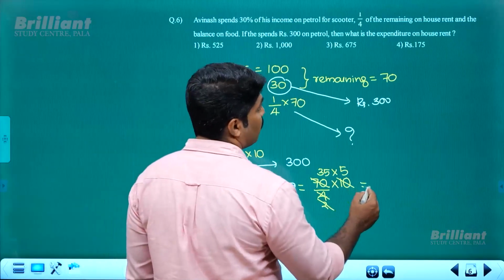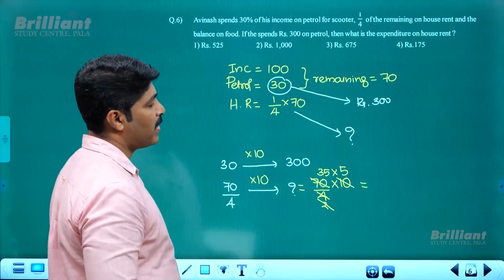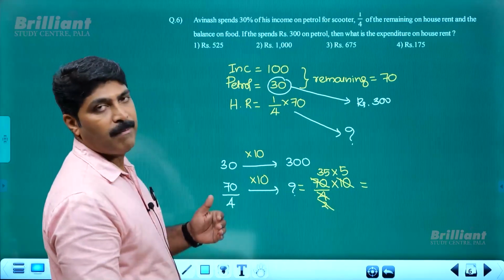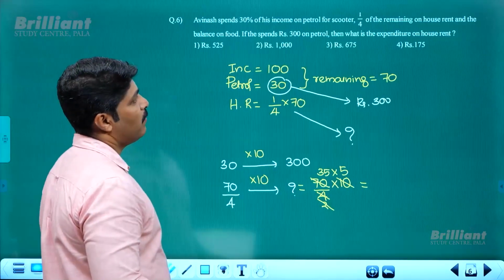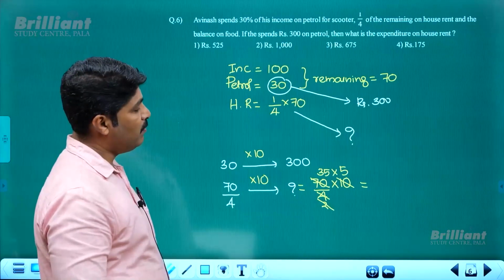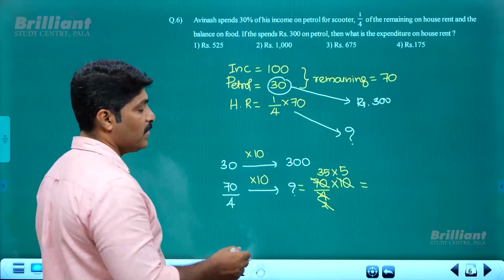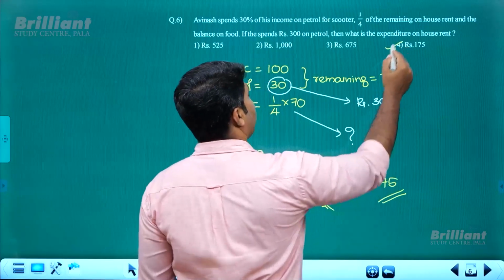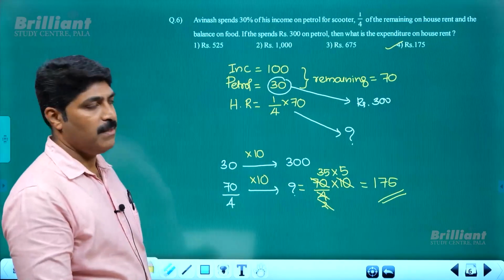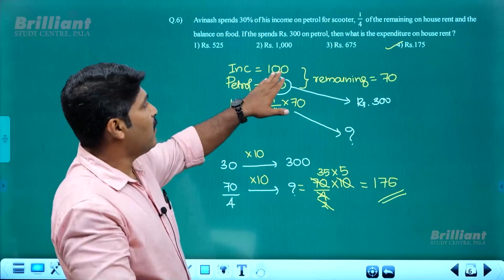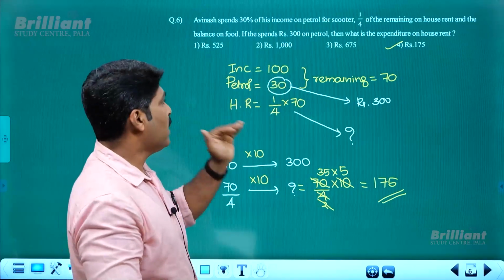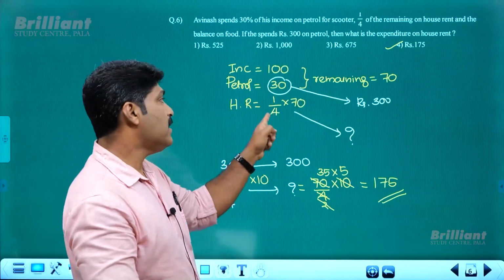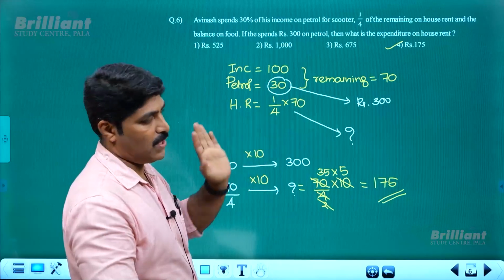So that's equal to 150 plus 25, that's equal to 175. So like this, we can do the operations through the unitary method. Understand this concept. We are starting our assumption from here, assuming income was 100, then petrol is 30% of that value. Then the remaining quantity, 1/4, is spent for house rent.